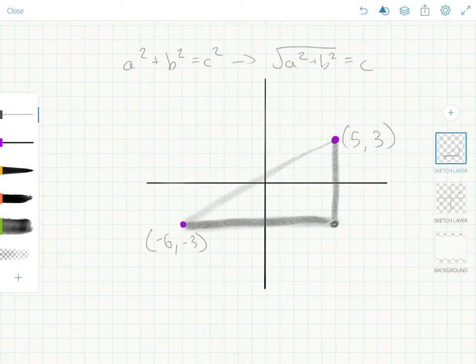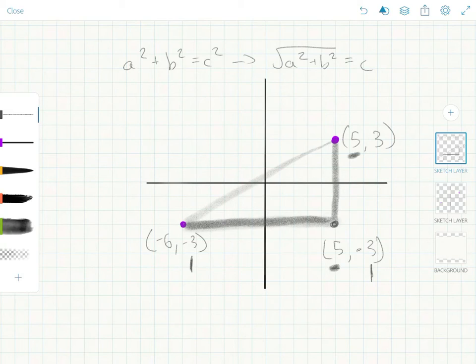And the location of this point down here is 5, -3. What I'd like you to notice is that the x values here are the same and the y values here are the same. So if we wanted to know the distance here, we would use subtraction to find the difference.